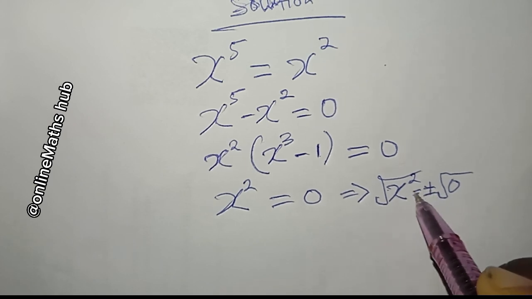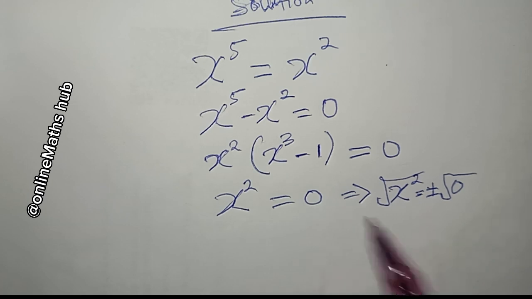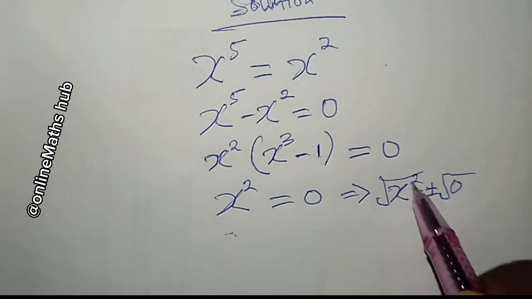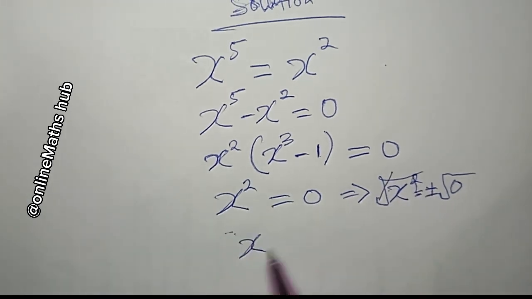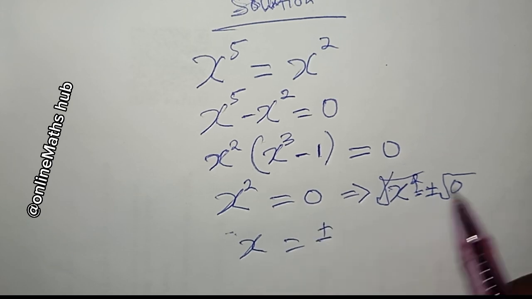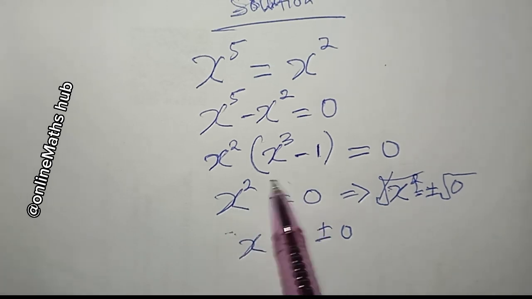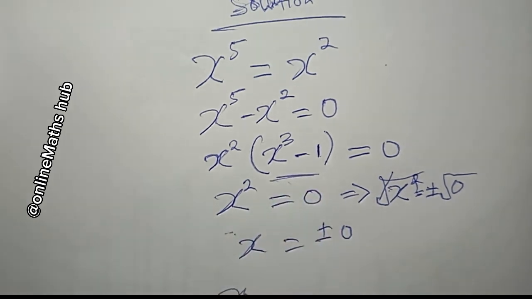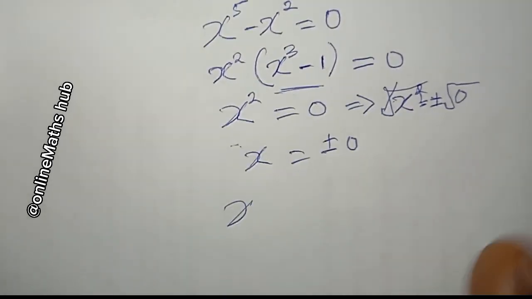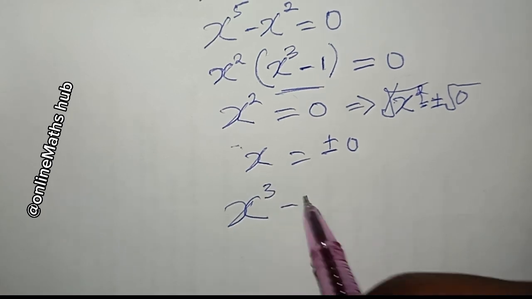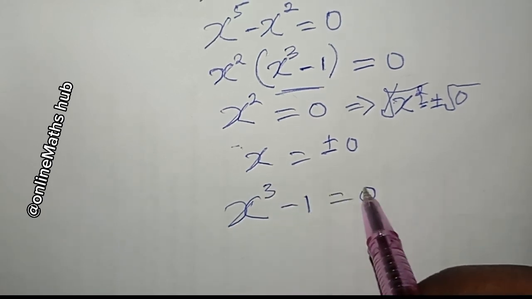Okay, so let me put this equality right here, so that the square cancels this, and then x is equal to plus or minus the square root of 0, which is 0. Okay, so secondly, this one, x power 3 minus 1 is equal to 0.